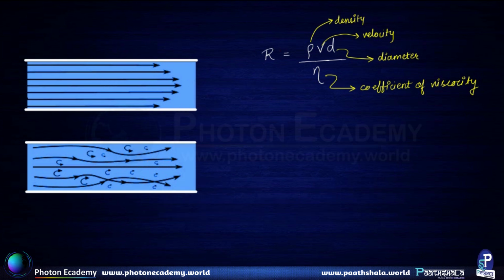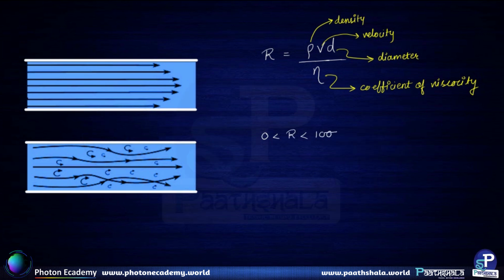All right. So usually what is considered is as follows. As a rule of thumb, when the Reynolds number is between 0 and 1000, then this implies smooth flow.